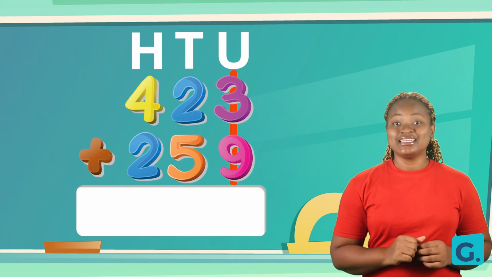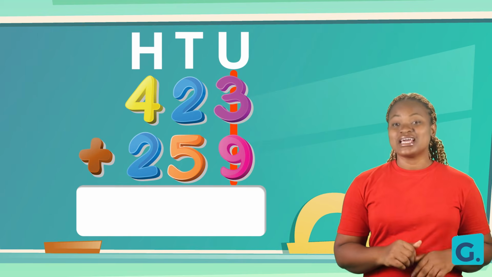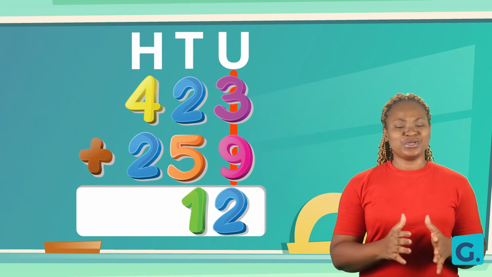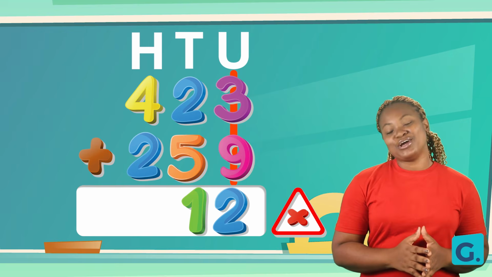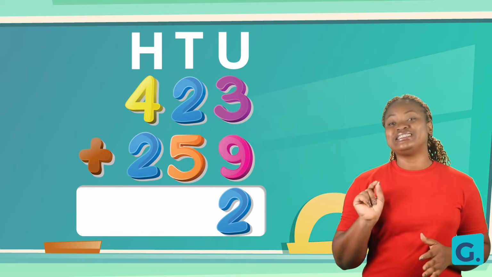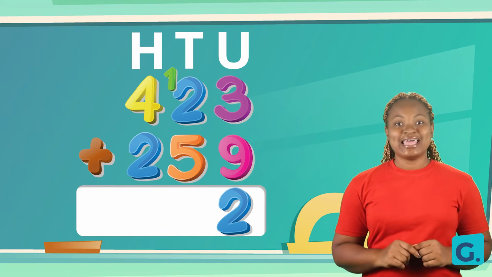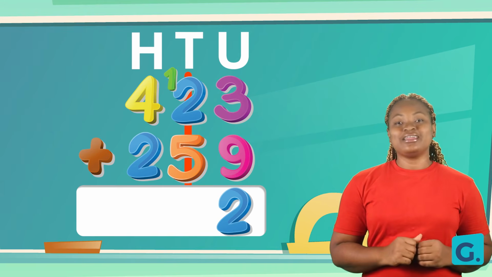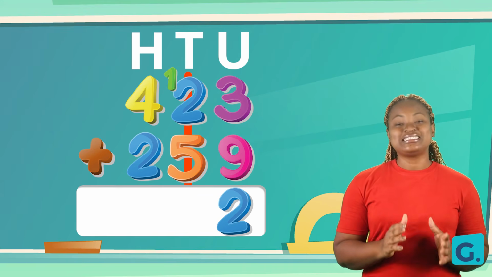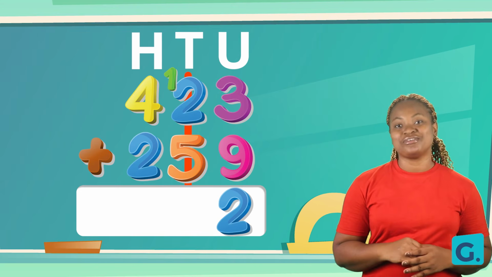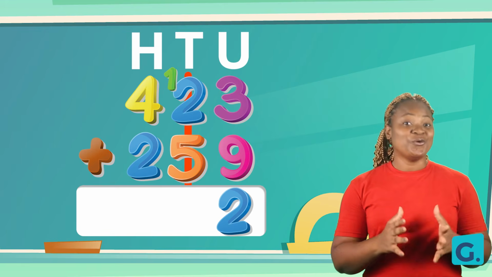3 plus 9, that would equal 12. Good. Now, how do we put the 12 down? Do we just write it like that? No, we are going to put the 2 down and carry 1 over to the tens place. Next, let us start adding up the tens place. For the tens place, we are going to have 1 plus 2 plus 5. 1 plus 2 would equal 3.